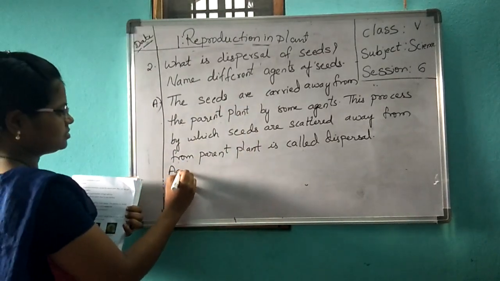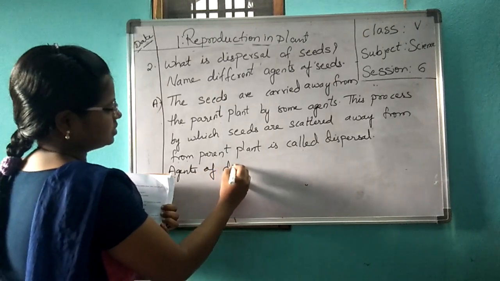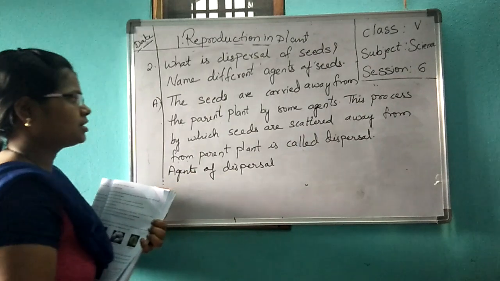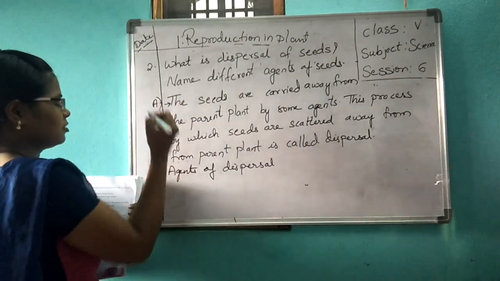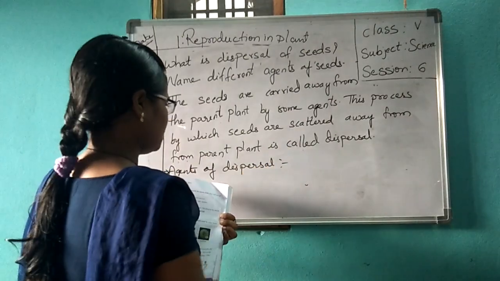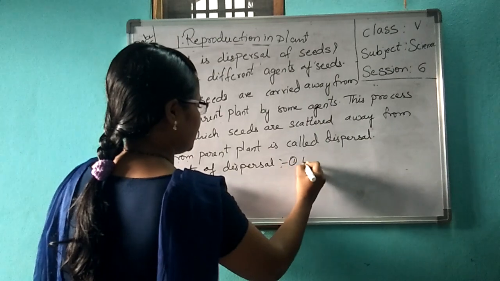Agents of dispersal. What are the agents? Okay, two points I'm giving. Agents of dispersal, what are they? First one, wind.